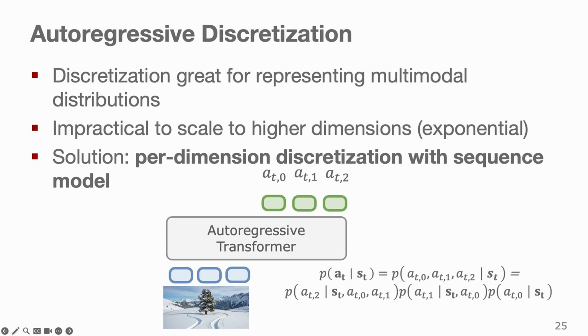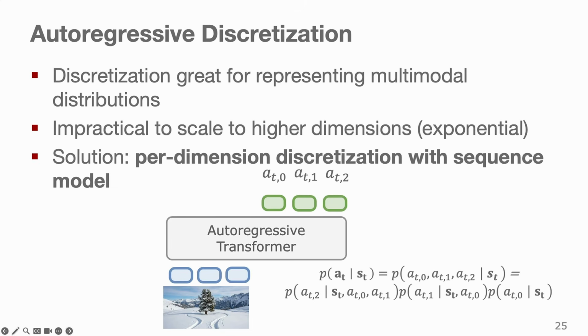What if we want to represent any arbitrary complex distribution without this constraint? One powerful way to do this is through discretization. Instead of predicting continuous values for an action, we can turn the action space into a grid of bins and treat this as a classification problem. Discretization is a good way to represent multimodal distributions, for example for the drone flying case or the car.